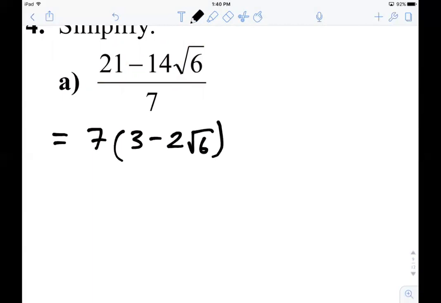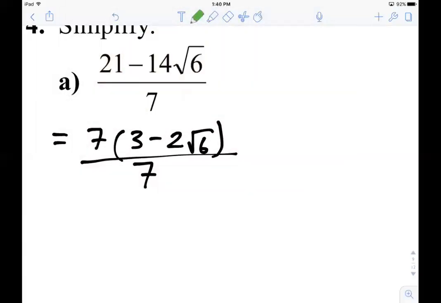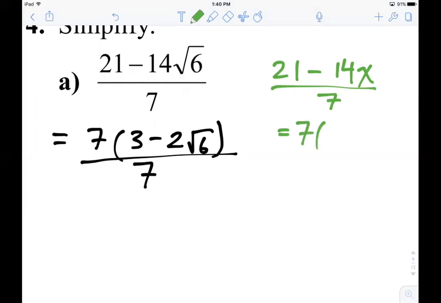So you can see the root 6 is really acting just like a variable that I would have had. So if you can imagine, if I, back in our simplifying rationals lesson, had given you something like 21 minus 14x over 7, well, you would realize that that stuff on top can factor out a 7 as 3 minus 2x.